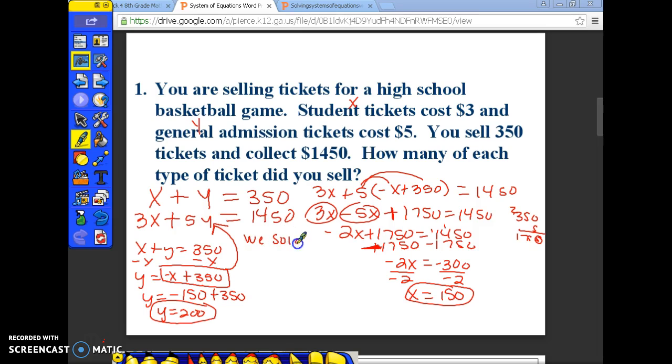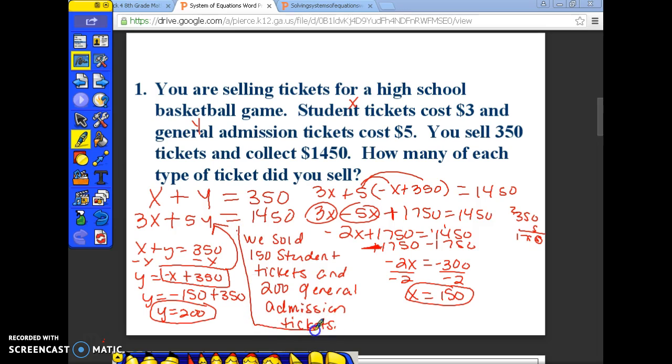We sold 150 student tickets and 200 general admission tickets. There's no need for fluff, no need for a paragraph. I just need one to two quick sentences telling me how many of each type of ticket was sold.